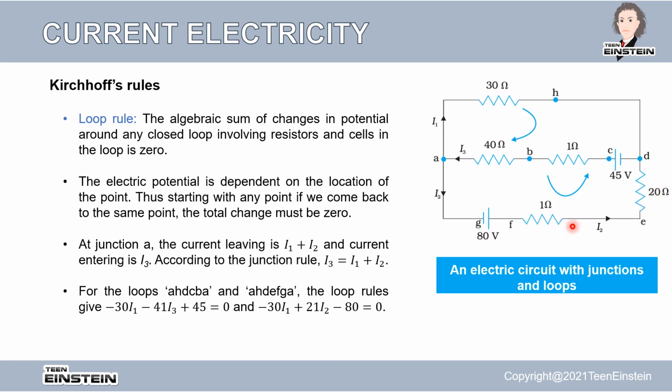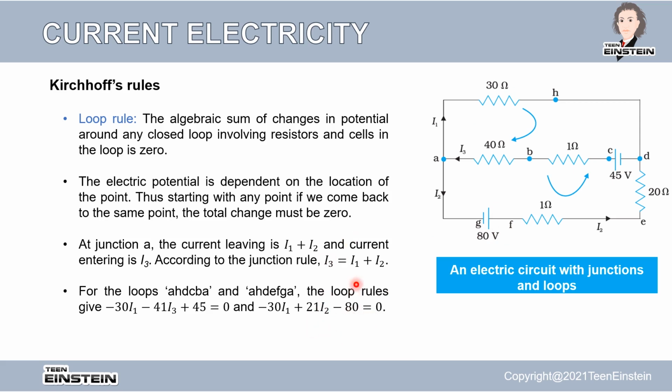These two are in series combination, so we have 20 plus 1, a 21 ohm resistor, where I2 is the only current flowing. Since I2 is going in the opposite direction compared to I1, we have added a plus here, where we added a minus for I1. So it is plus 21 I2 minus 80. Why is it a minus? Because the positive is facing this way, so there is minus 80.